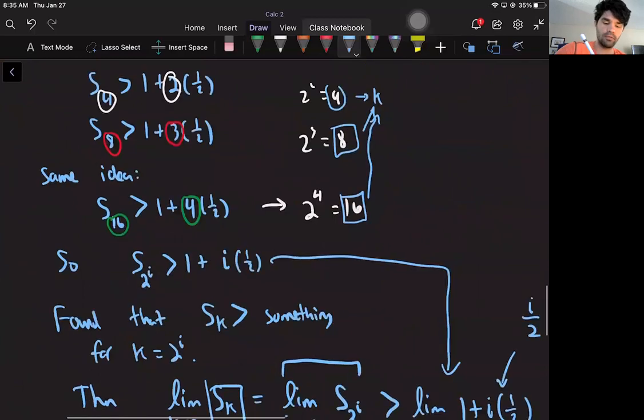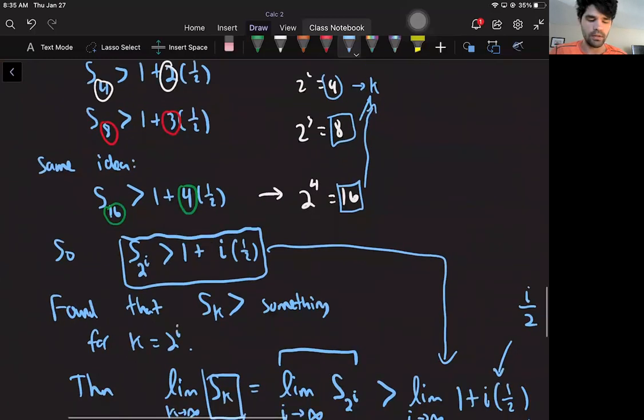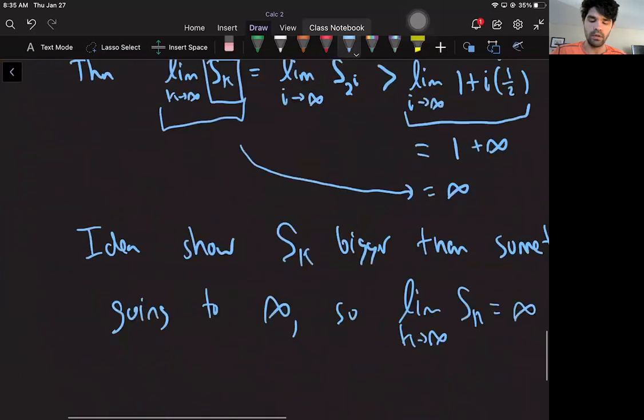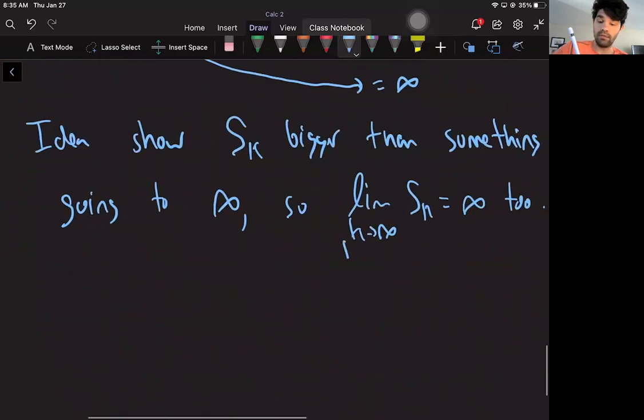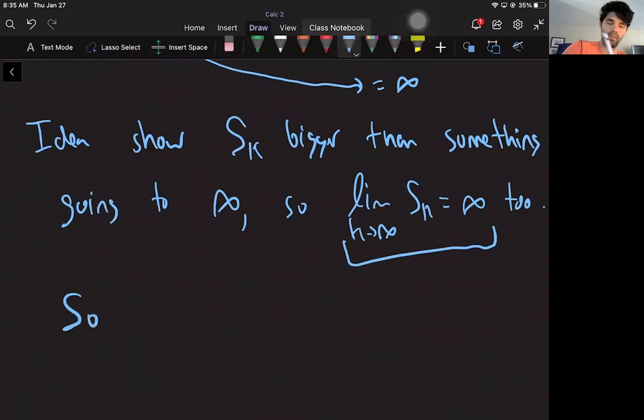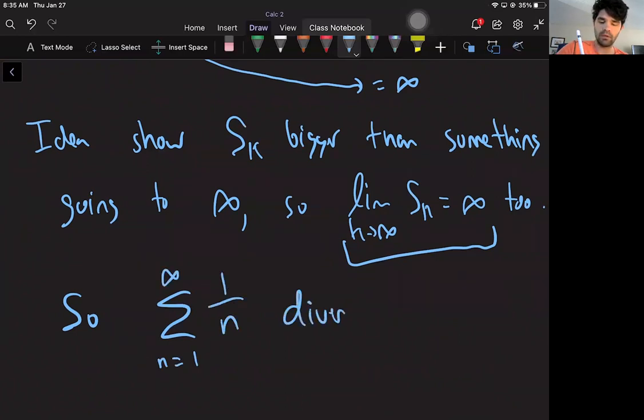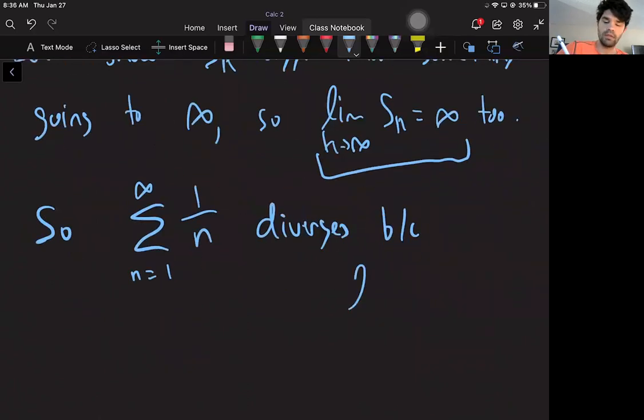We found this explicit formula for something that it's bigger than instead of for what it is. Okay, so again, by definition, this means that we're done. This thing diverges, because the definition of diverging is that this limit of partial sums goes to infinity.